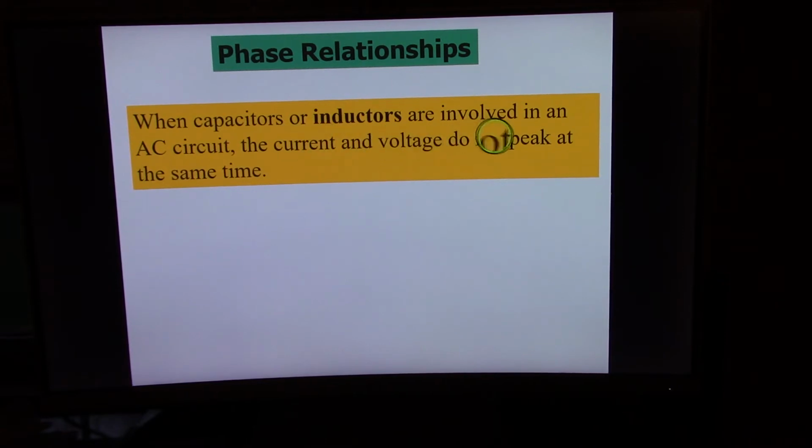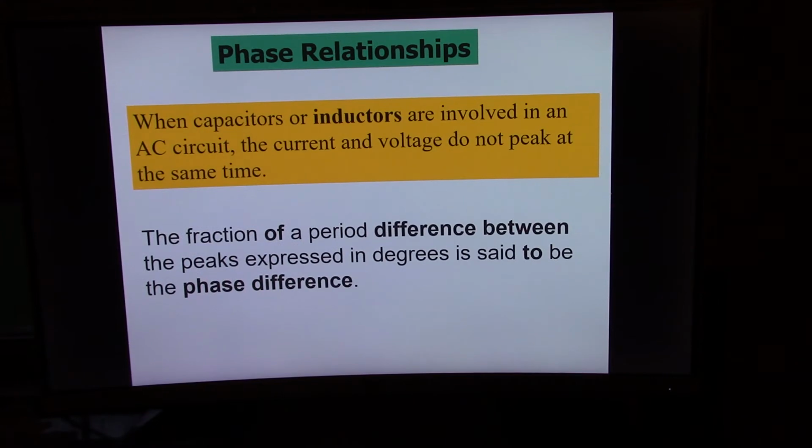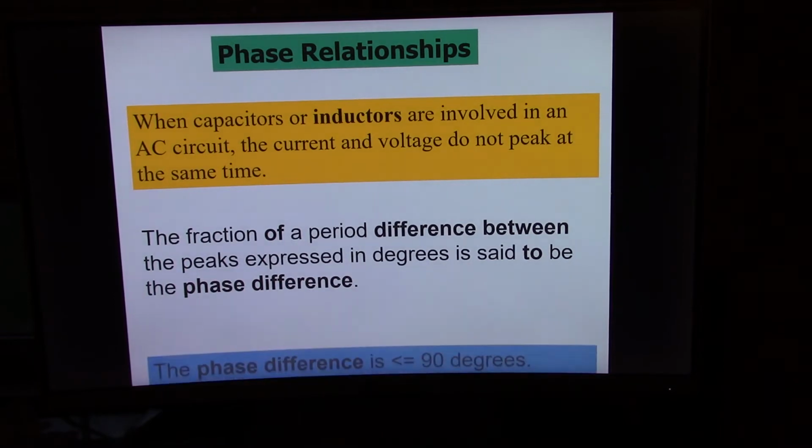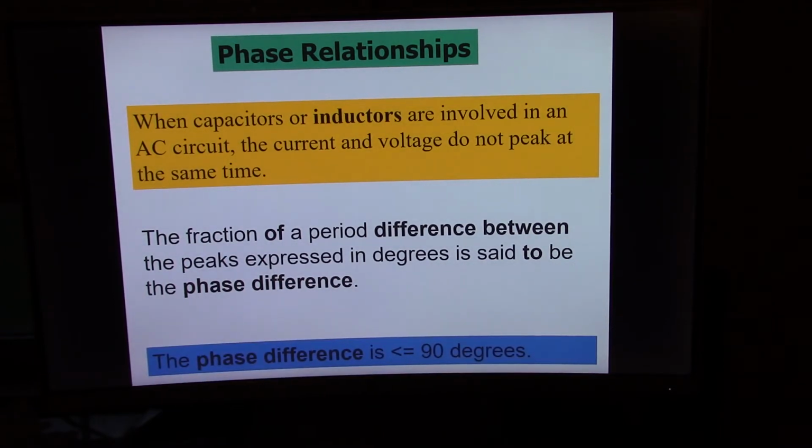So with a resistor, the current and the voltage followed each other. There was no difference in the two. But in capacitors and inductors, it does not work like that. And the difference between the peaks is a phase relationship. And it's less than or equal to 90 degrees, the phase relationship.